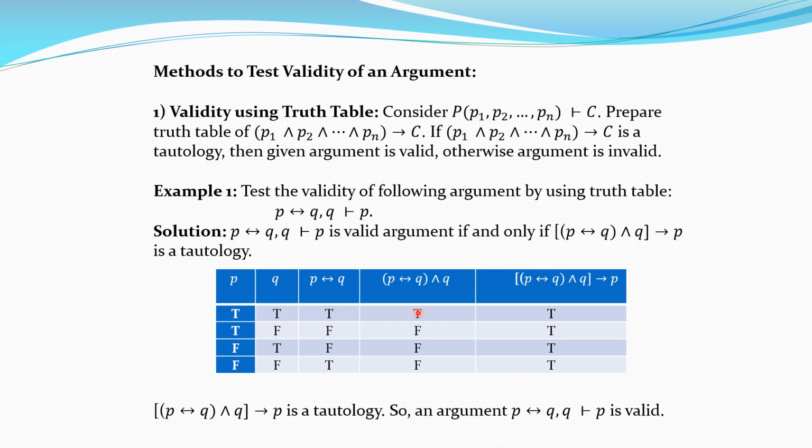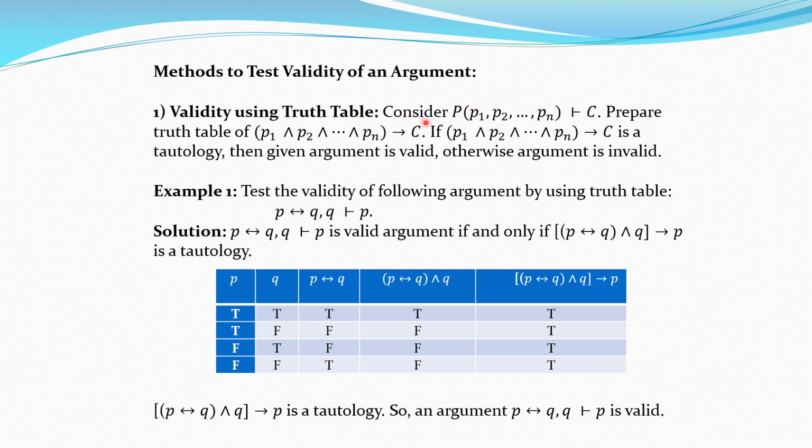Now, methods to test the validity of an argument. The first method is validity using truth table. Already we have seen how to prepare the truth table for a given statement. Now, consider P1, P2, Pn yields C. This is the argument in symbolic form.